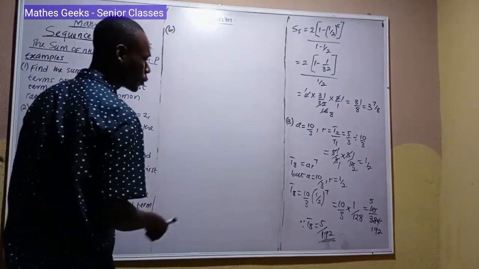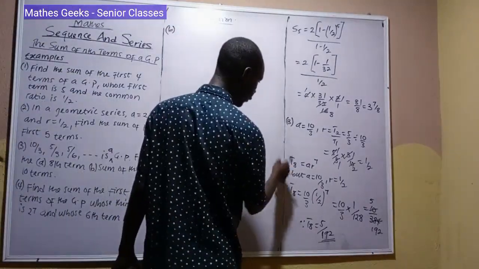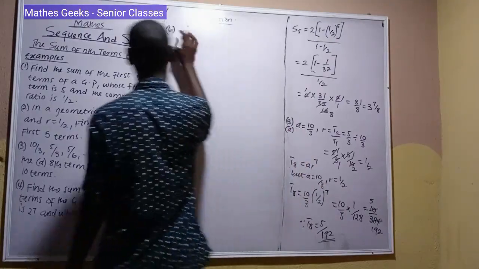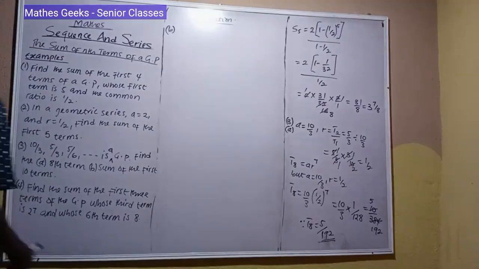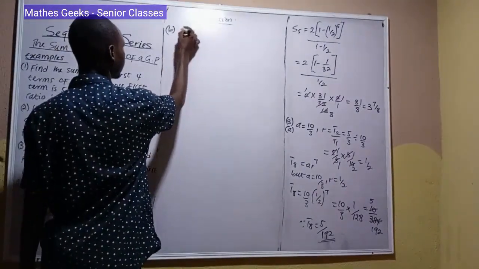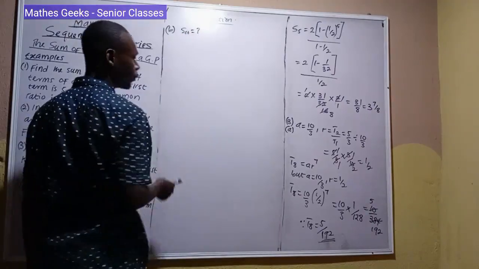This is the A part, and this is the B part. B part says the sum of the first 10 terms. S10 is what we are looking for.